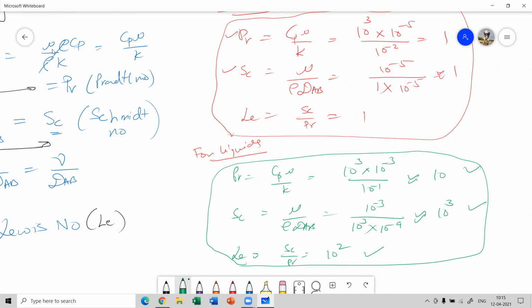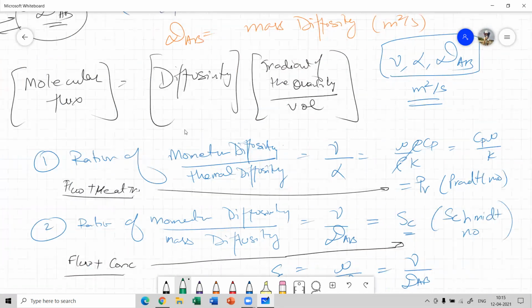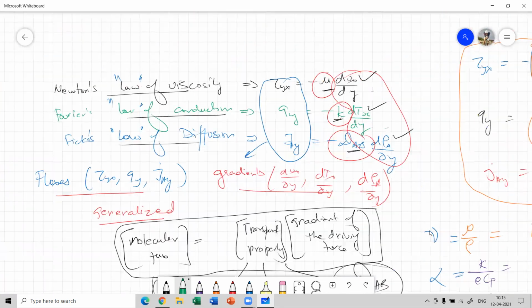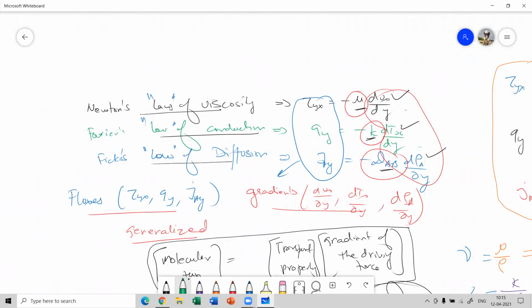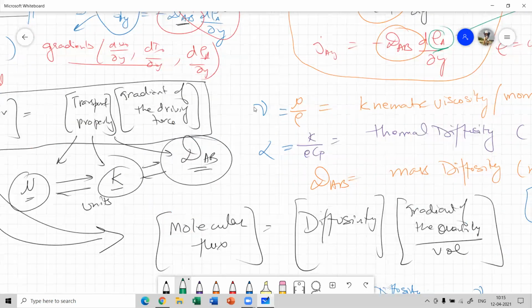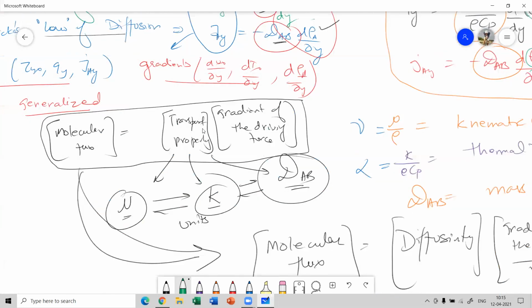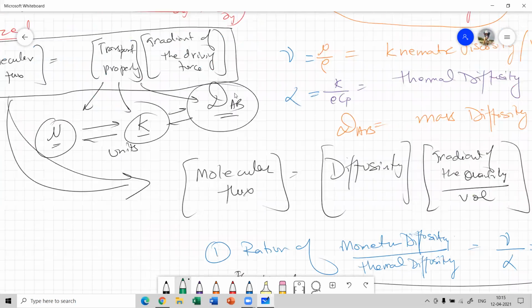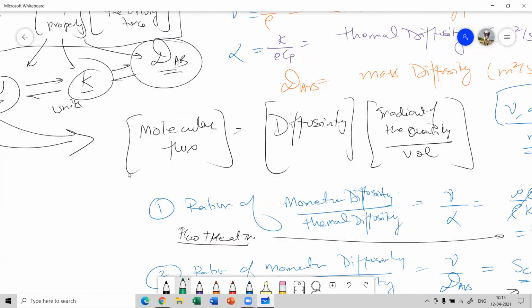So this is the analogy between all the three laws, that is your Newton law of viscosity, Fourier law of conduction, and the effects of diffusion. And in general, it can be expressed as your fluxes as transfer property into the gradient of the driving force, or it can also be modified into another term, that is molecular flux as diffusivity into the gradient of the quantity per unit volume.